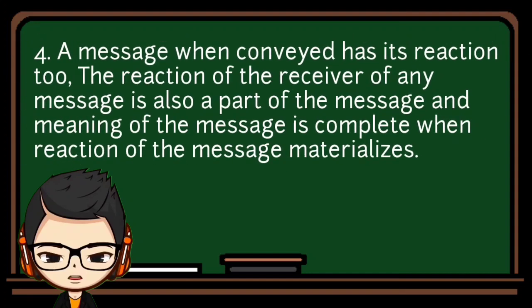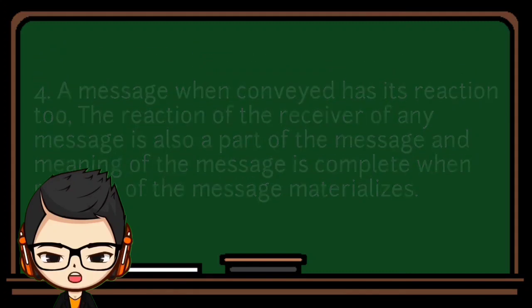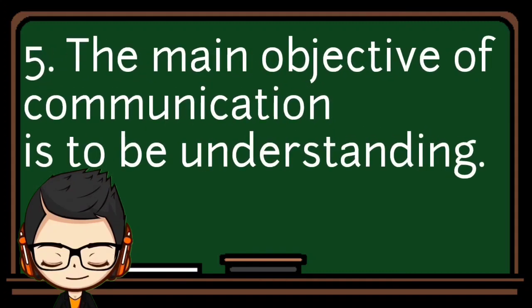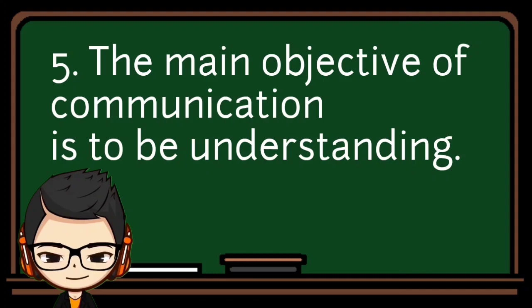The fourth, a message when conveyed has a direction; the reaction of the receiver of any message is also a part of the message, and the meaning of the message is complete when the reaction to the message materializes. The fifth is the main objective of communication is understanding.